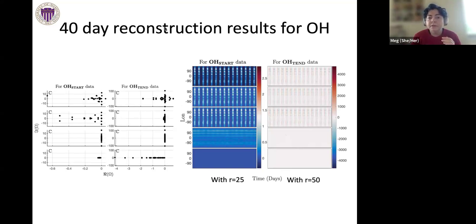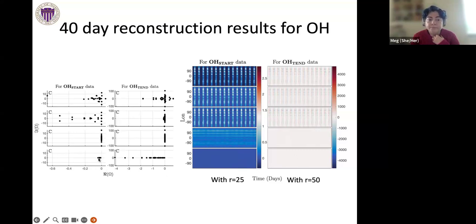This is for latitude 30 degrees, all the longitudes, and 40 days of time. That's the actual data. When I used classic DMD, which is the first thing I used, I got nothing. It was not able to capture any of the dynamics of the original data.